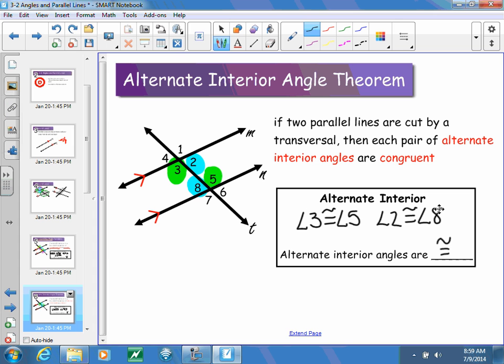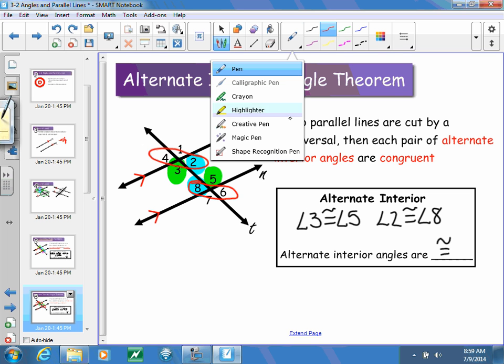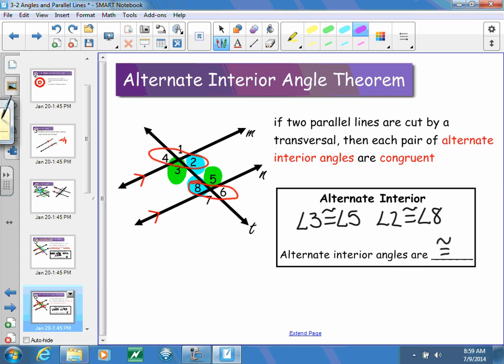Now we're going to transfer over to alternate exterior angles, and you might be able to kind of figure out what's happening here. Alternate interior angles are vertical angles to our alternate exterior angles. If I think about here, 2 and 4 are vertical angles, and so are 8 and 6. Then you end up with angle 4 and angle 6. Those are alternate exterior angles.